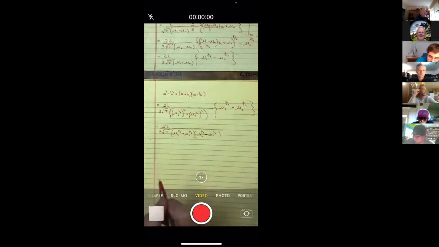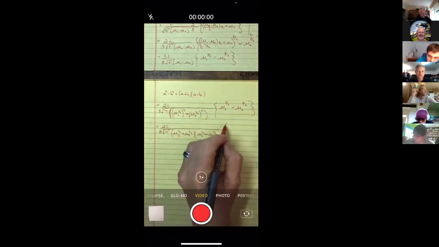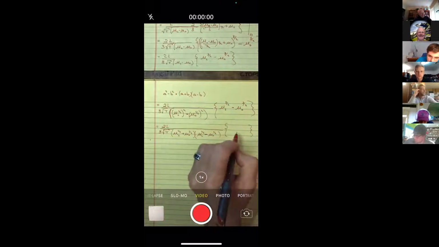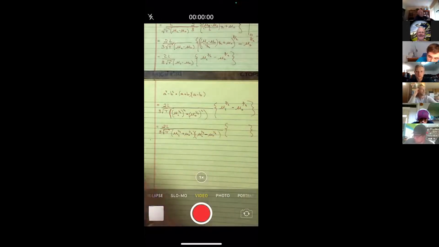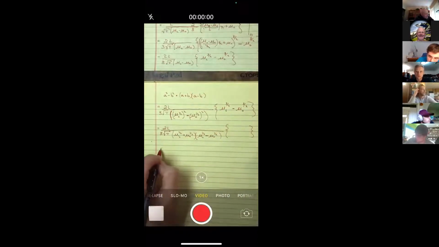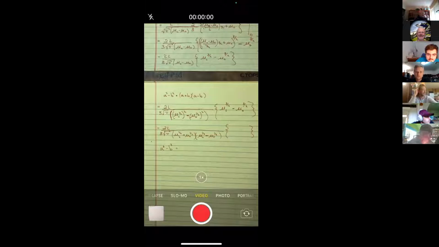Now, I think they did it because in this other piece, and let me not write it out, but let me remind you of the difference between two cubes.